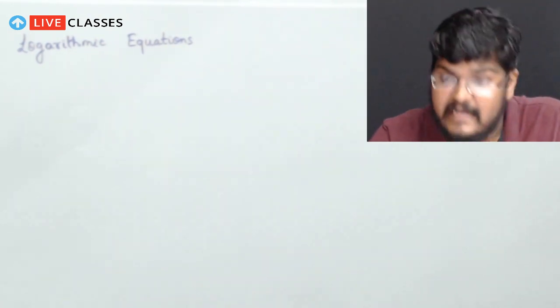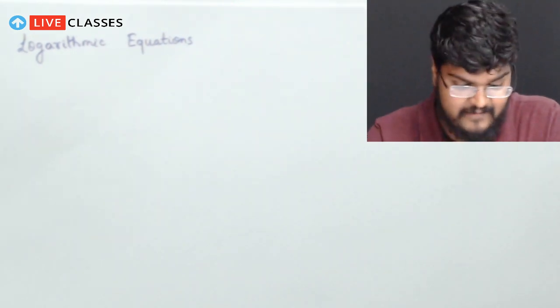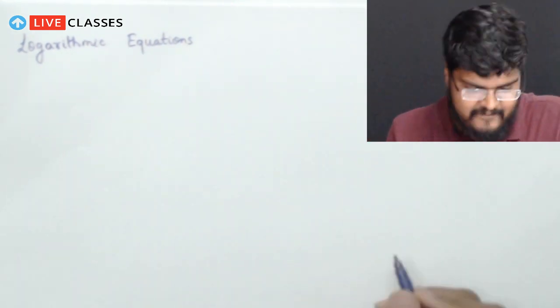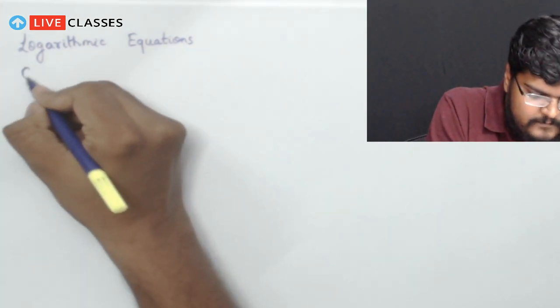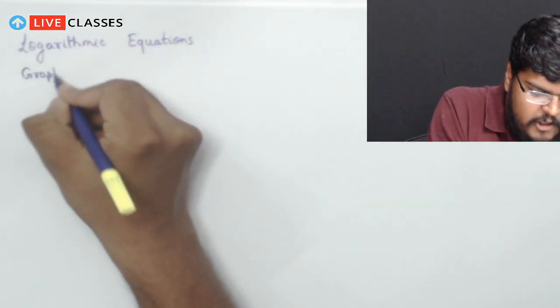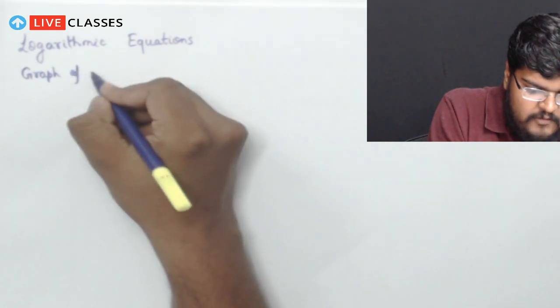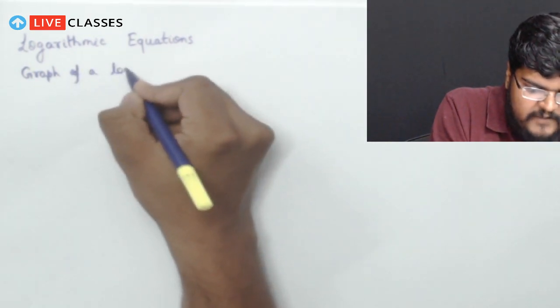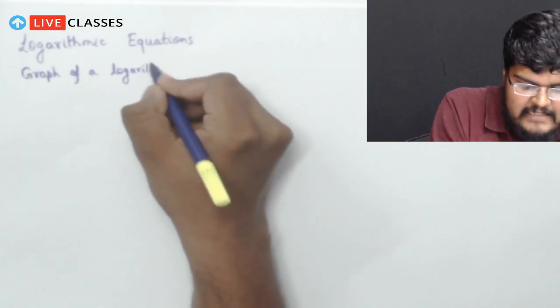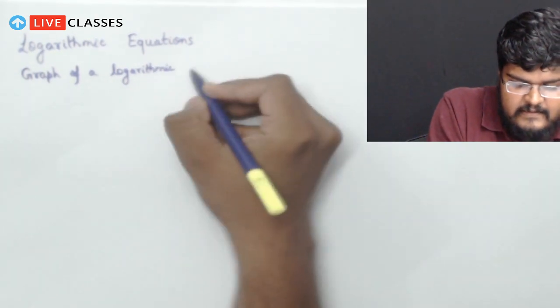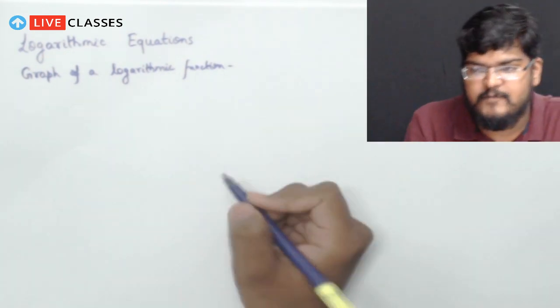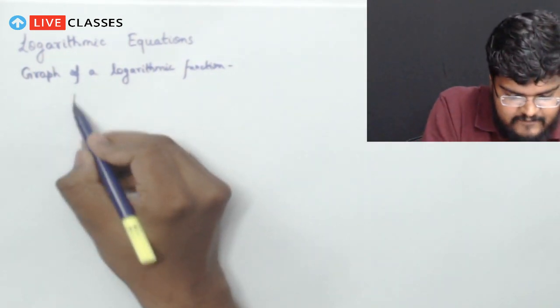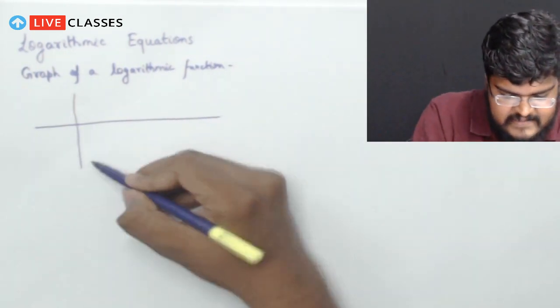Well, let's discuss our first topic, or revision of what we have discussed, which was the graph of a logarithmic function. We all know that if we're talking about the graph of a logarithmic function, like I drew in the last class, the logarithmic function is actually an inverse of the exponential function, and the graph looks like this.